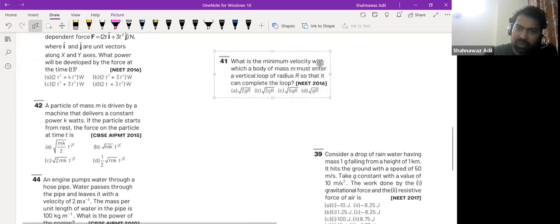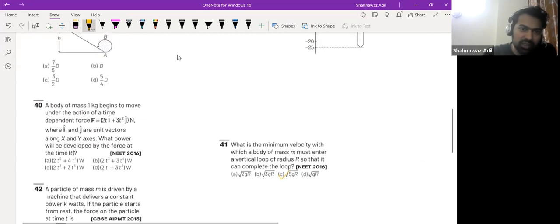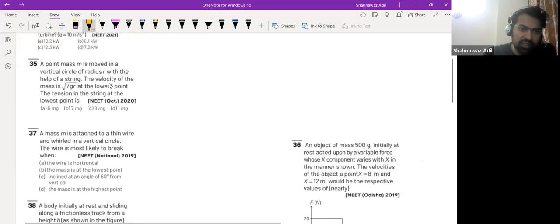What is the minimum velocity with which a body of mass m must enter a vertical loop of radius r so that it can complete the loop? Right? So that would be this. Right, guys? Yes, sir. Then let us do another question. This is also depending on that. Yeah, these four questions are.